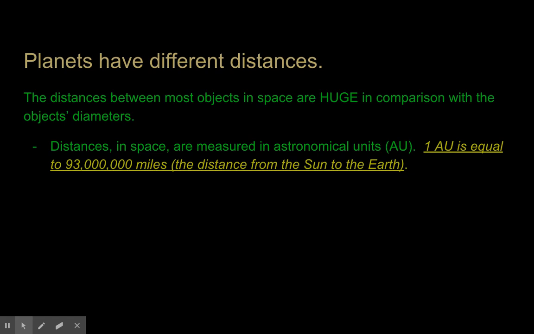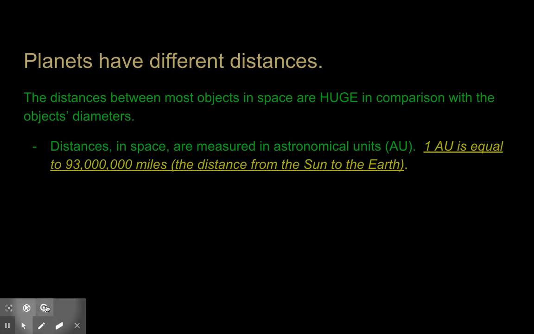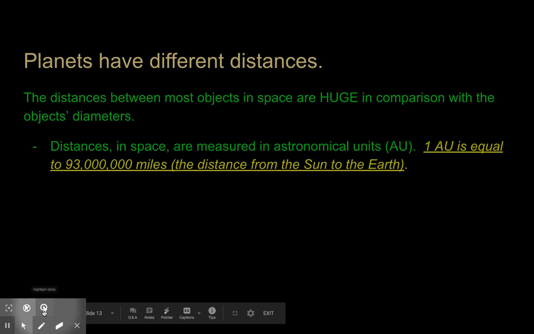But here, what scientists did was they took the distance from the Earth to the sun, which is 93 million miles, and they said, hey, that's 1 AU. Now, AU stands for the astronomical unit, okay? So 1 AU is equal to 93 million miles, or the distance from our sun to our Earth, all right?